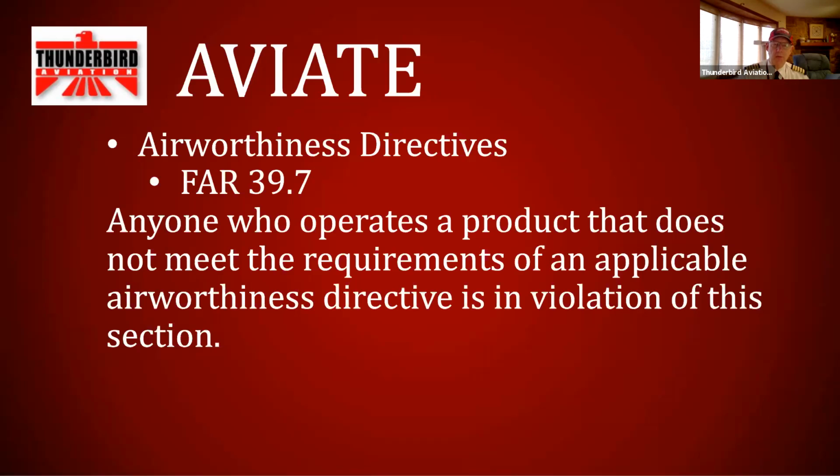The airworthiness directives must be complied with periodically. The one that we have in most of our Piper airplanes right now has to do with the stab cable, and that stab cable must be inspected every 2,000 hours or every 7 years, whichever happens first.